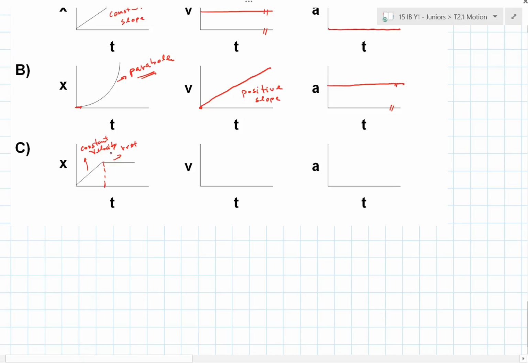So my velocity graph will actually be constant for a while, and after some time is going to come down to 0. My acceleration graph is going to be 0, not defined at this disconnection here of the velocity, at the kink on the position graph, and then 0 again. And this will conclude this problem here.